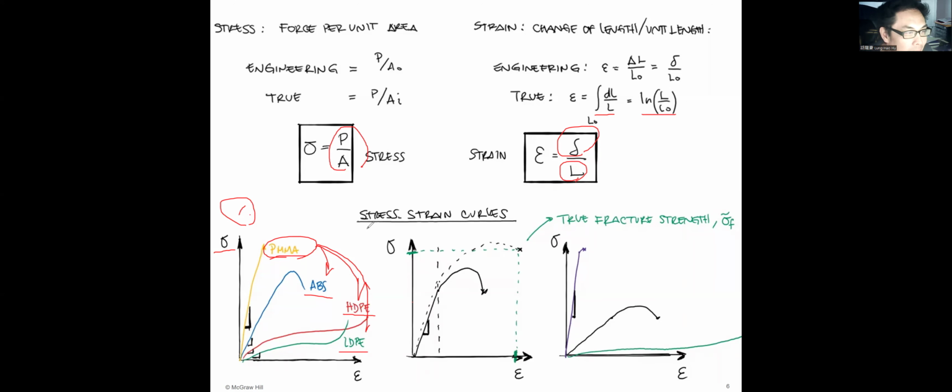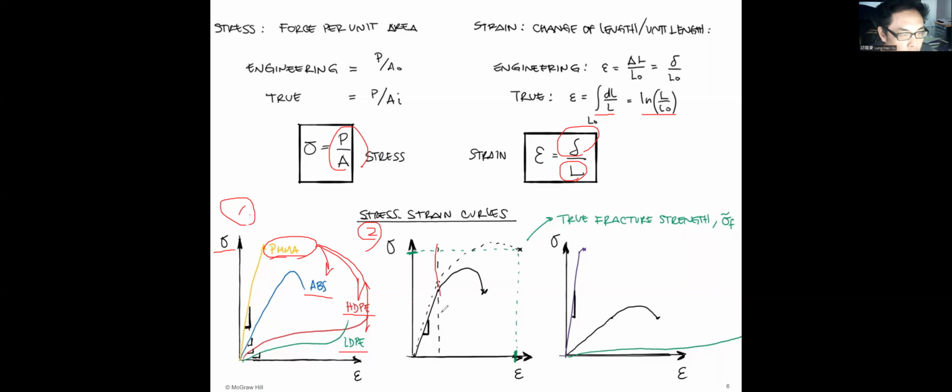Okay. The second figure shows the difference between the true stress and strain and the engineering stress and strain curves. So what's the difference between this solid curve and this dotted curve?